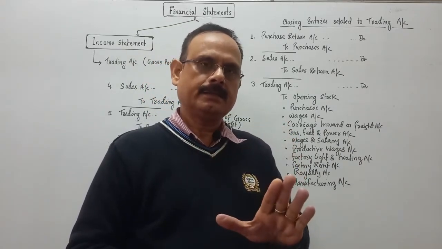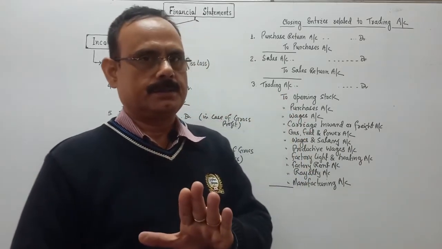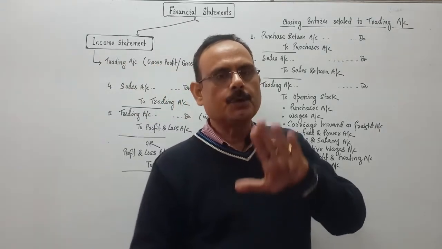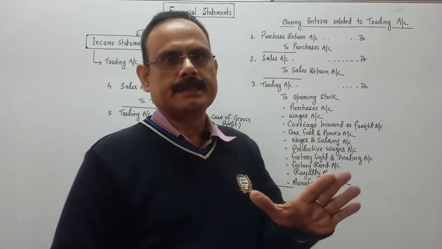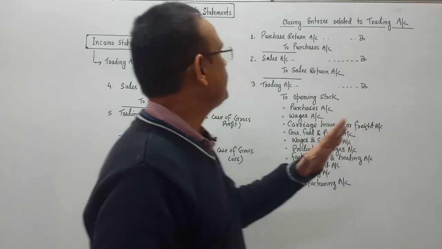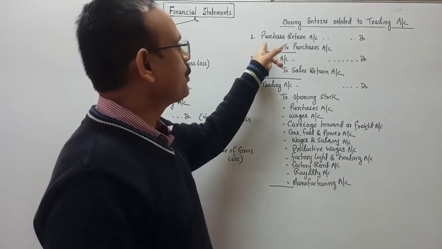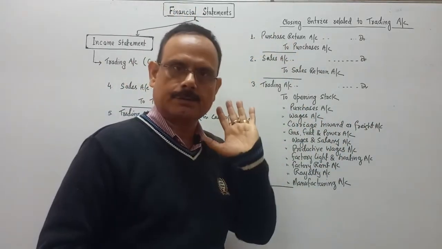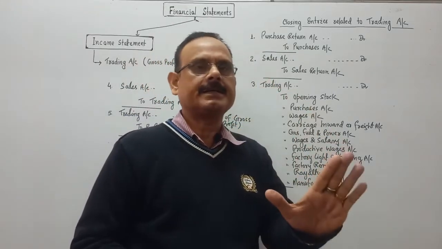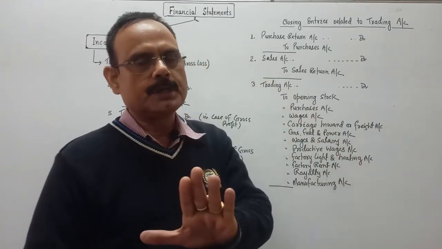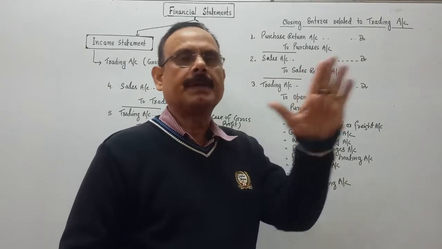Purchase return has a credit balance. So when we close the ledger of purchase return, we will debit the purchase return and this amount will be transferred to purchase account.